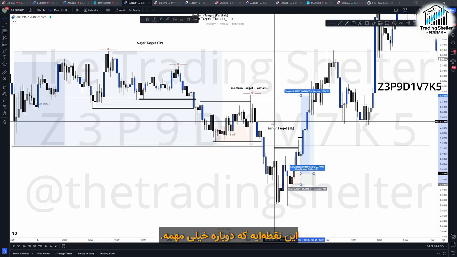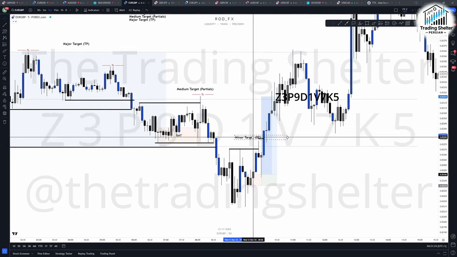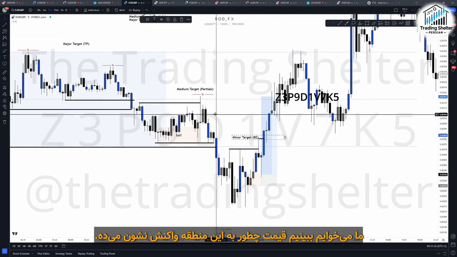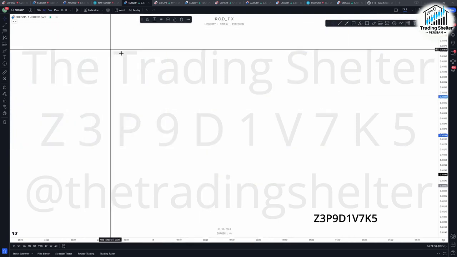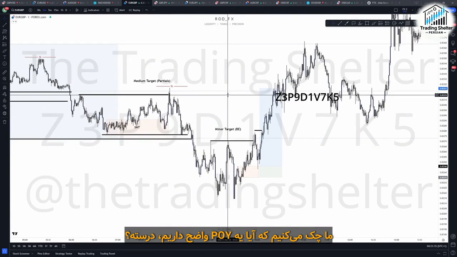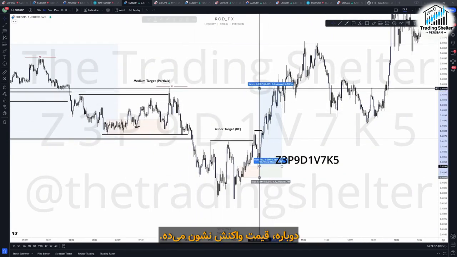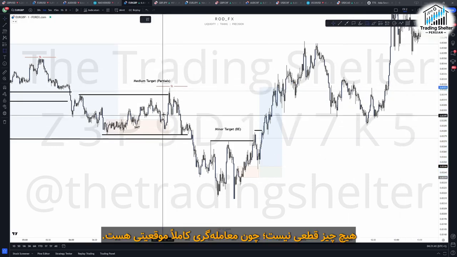This is where it's very important again, okay? We want to see how price reacts to this zone. This is the FBOS, so it's an inducement zone. So we will check if we have a clear POI, right? Again, price reacts. Trading is very situational.